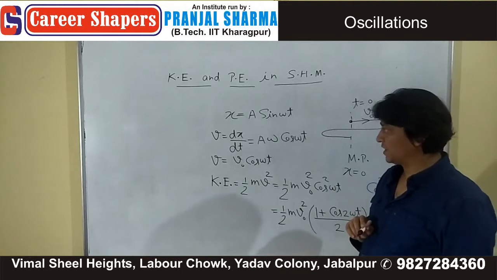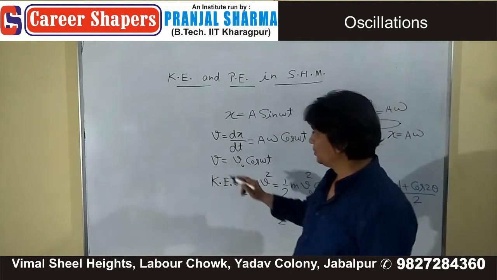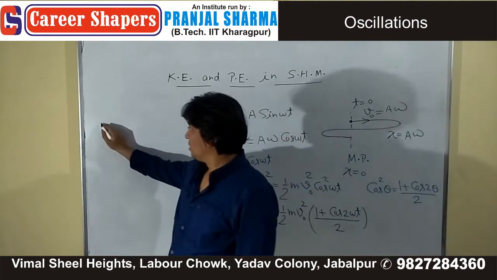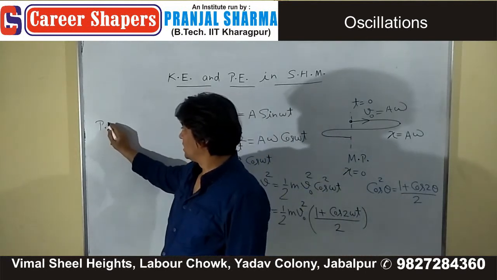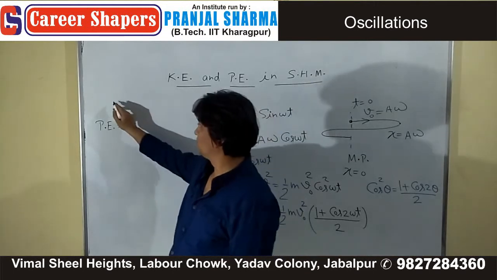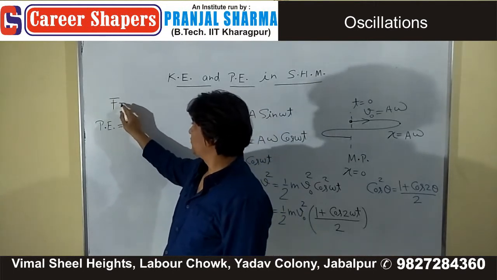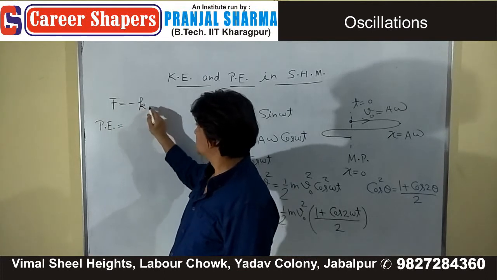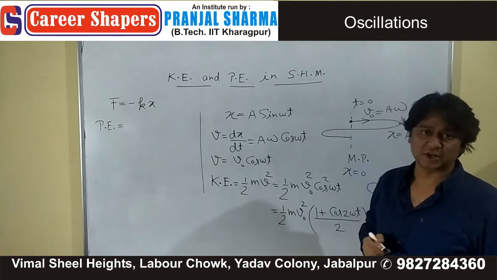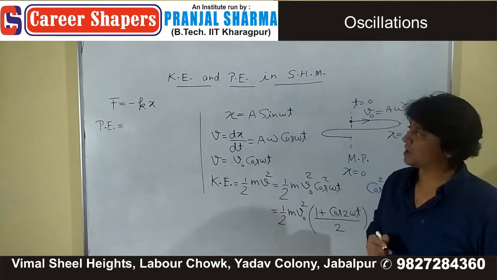But let's first write down potential energy also. Now, what is potential energy? For a force system of this type, F equals to minus kx. This is the fundamental equation of SHM: a equals to minus omega square x.